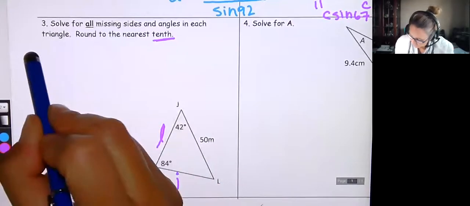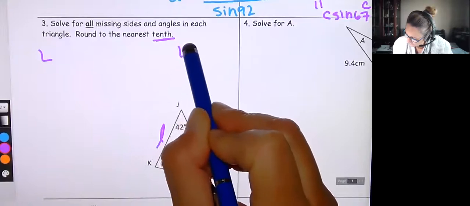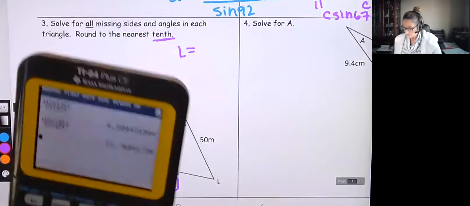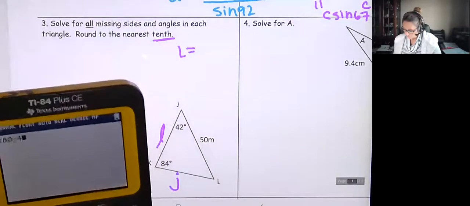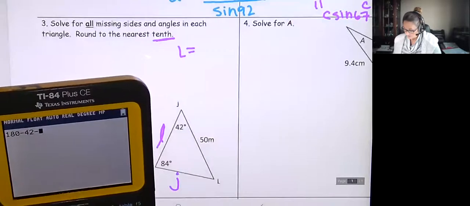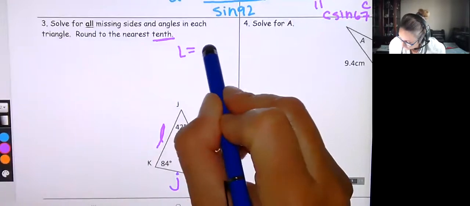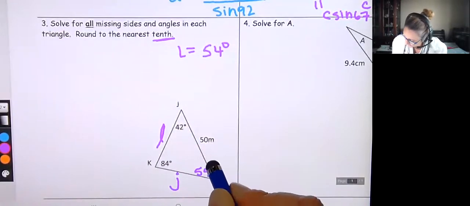So let me just put L over here, give myself some space. L equals, use that to do my math. And so I'm going to take 180 minus 42 minus 84, and I'm going to get 54. So this is going to be 54 degrees. So I'm going to write that in here.